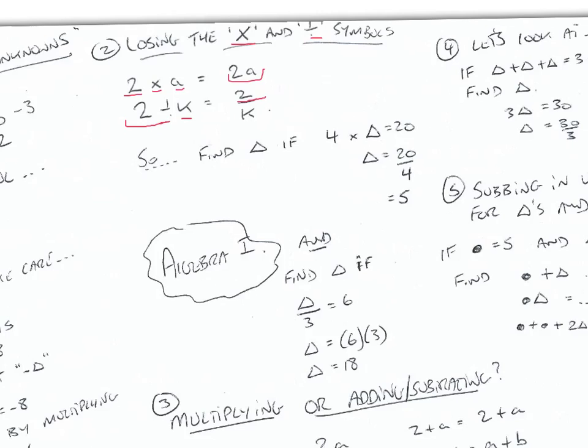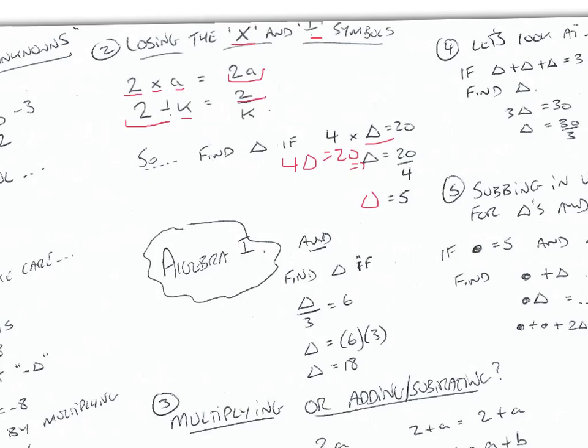So if we look at this problem here where we have 4 times the triangle is equal to 20, well, that's the same as saying 4 triangles equals 20, and that means that the triangle must be equal to 20 divided by 4. The triangle is equal to 5.